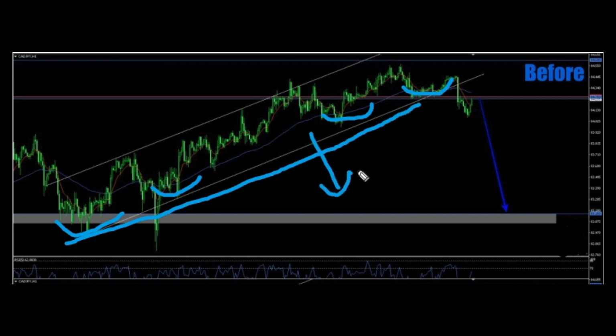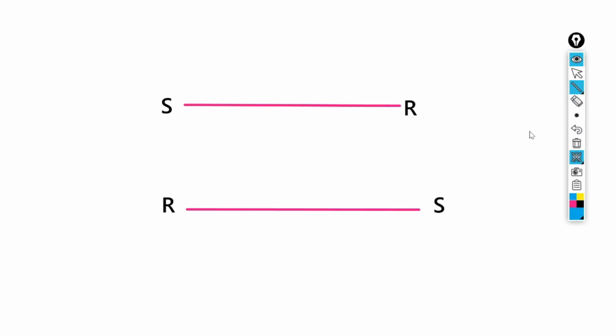So I want to cover a simple concept real quickly for you guys to understand. So I want to quickly cover guys what this actually means. So this S here stands for support, meaning that as long as we're still above this line here, we are looking for buying opportunities. Only when we cross, that's when we're going to look for selling opportunities, meaning that our floor will become our ceiling.